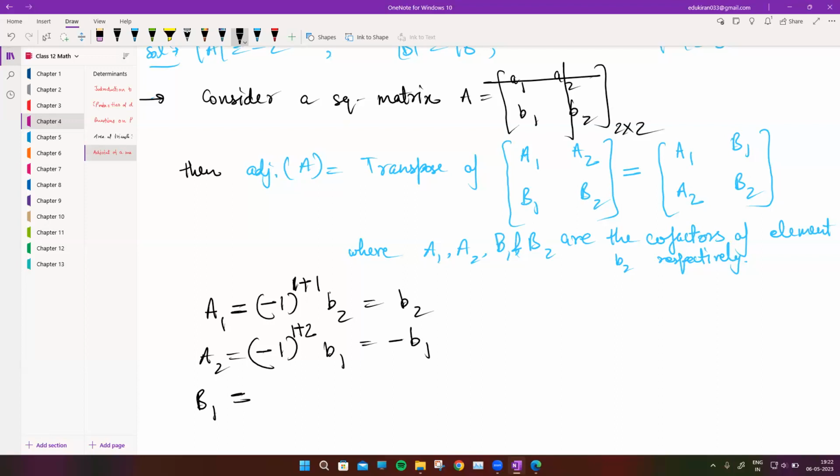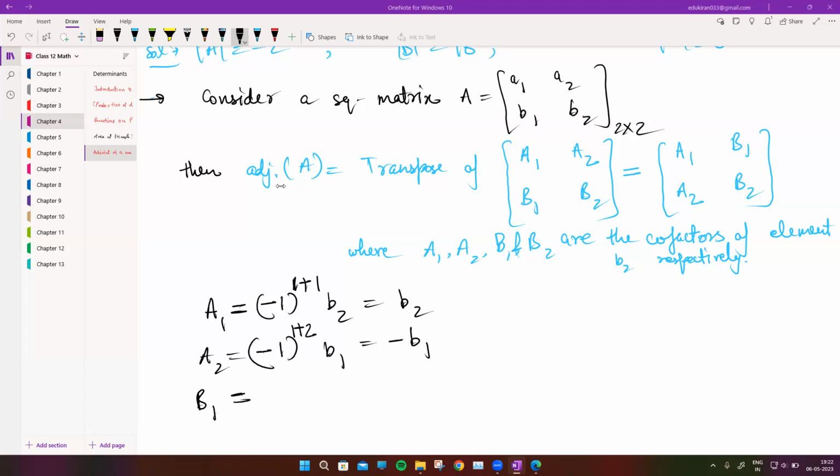I'm trying to find out capital B1. Can someone suggest how to find capital B1? Which row and which column do I have to delete? Tharif, can you tell me? Sir, second column and first row, or second column and second row?